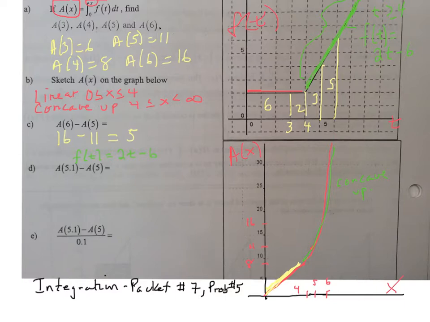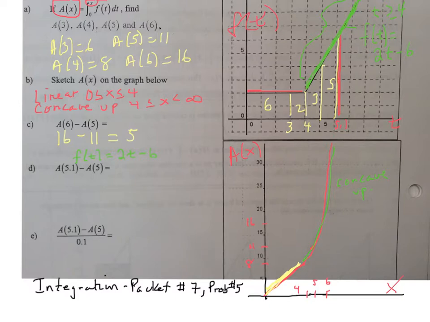That's going to help us with the question in D, because if I want the value of A of 5.1, well, A of 5.1 is just a little bit bigger. It has a little bit higher value than the value at 5, right?